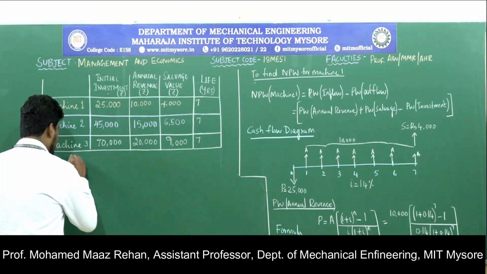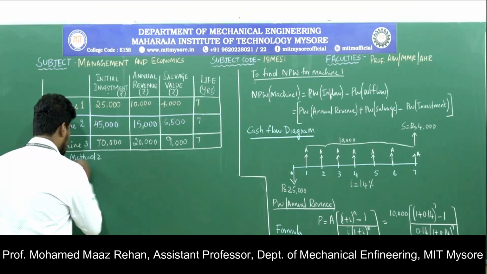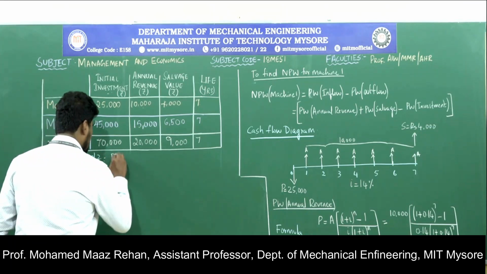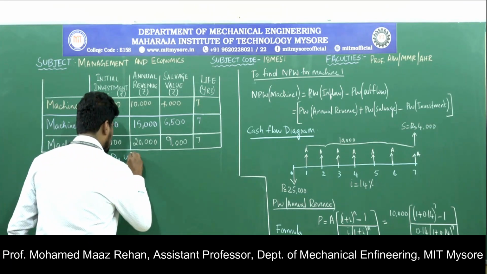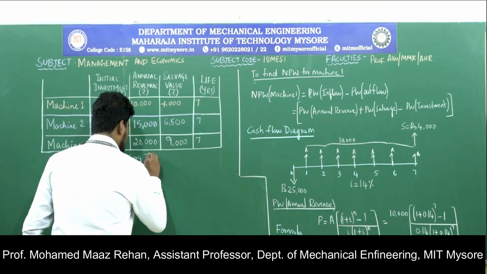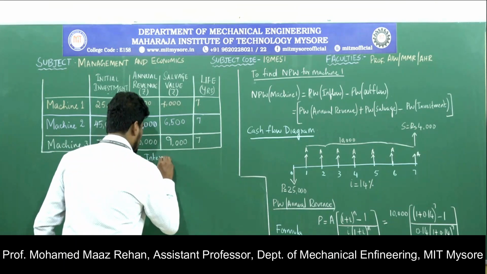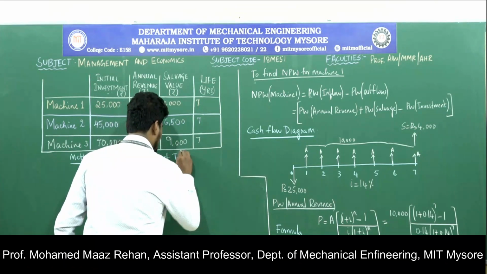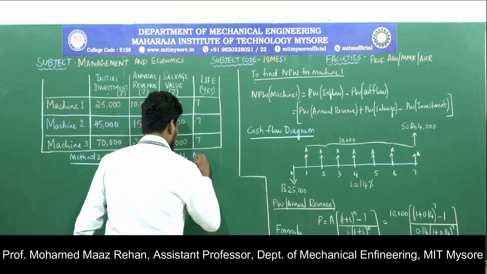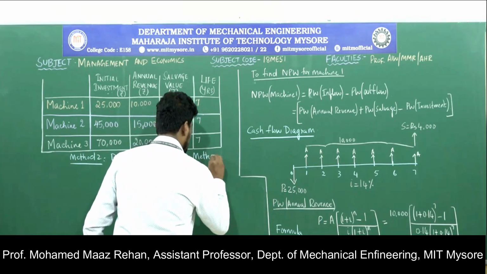So I'll write method 2, by using the interest table method.